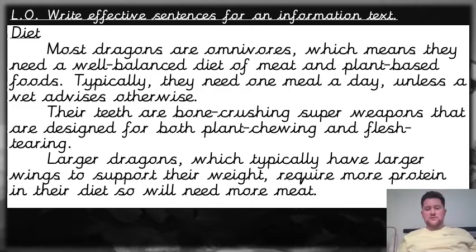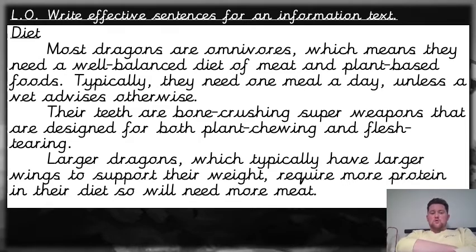my How to Train a Dragon. So I've got this about a dragon's diet. So it says diet. Most dragons are omnivores, which means they need a well-balanced diet of meat and plant-based foods. Typically, they need 1 meal a day unless a vet advises otherwise. So you can see there I've got a subordinating clause with the conjunction unless.